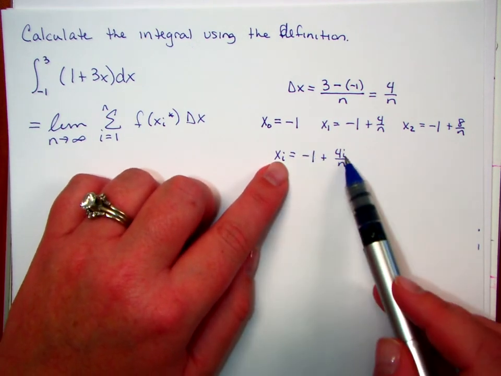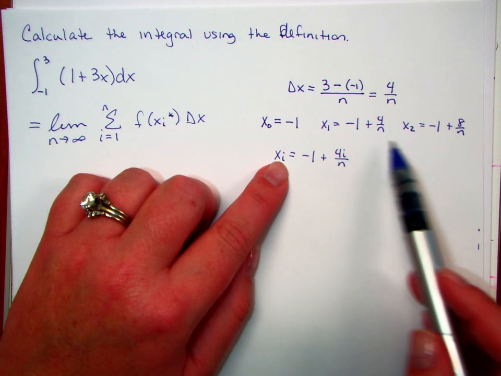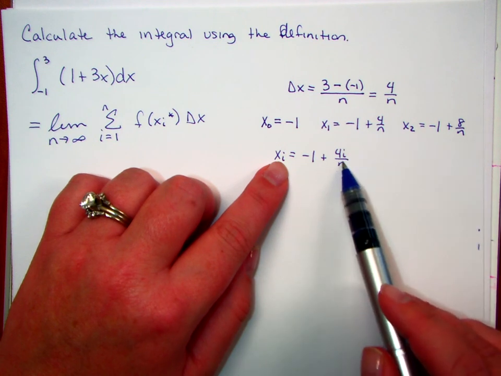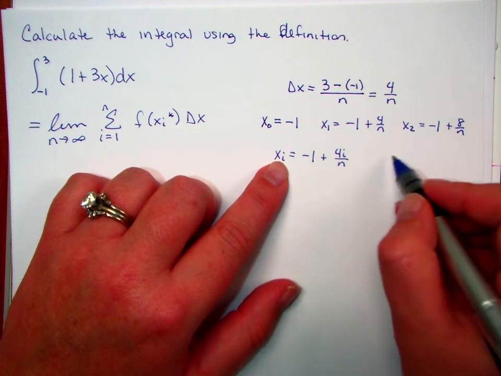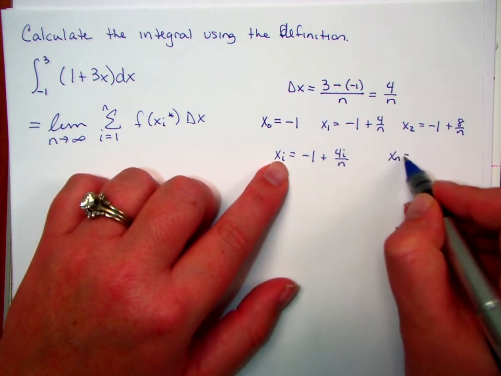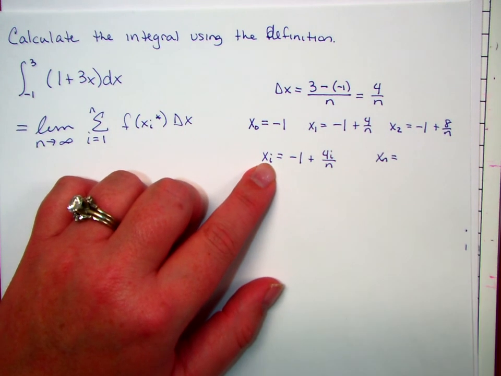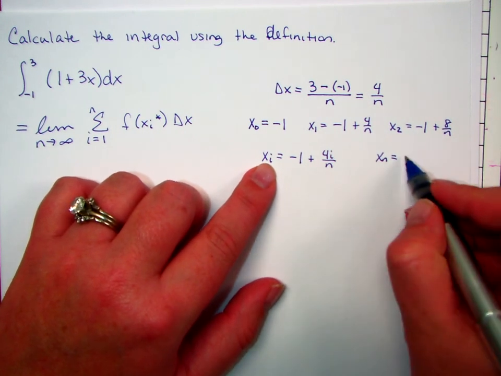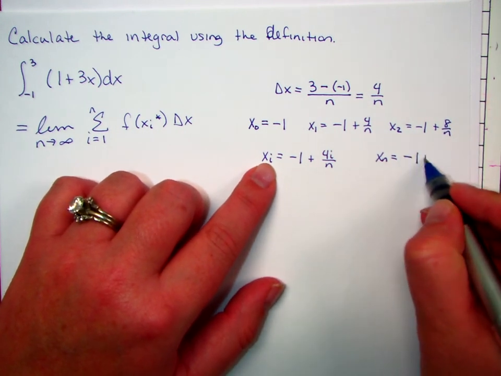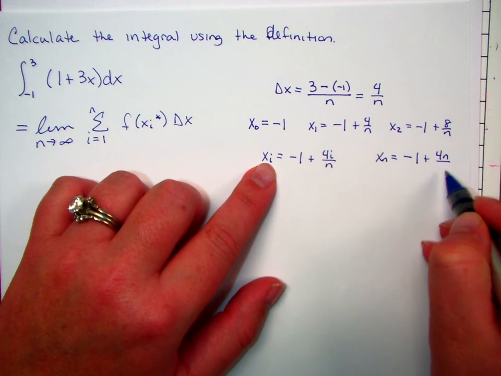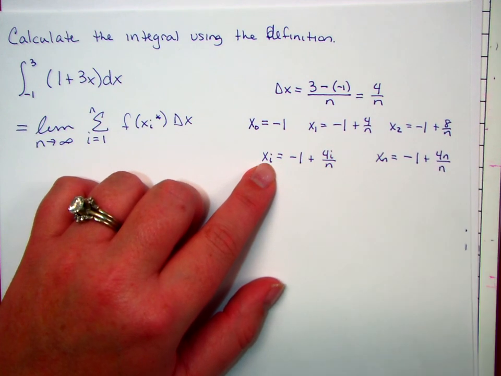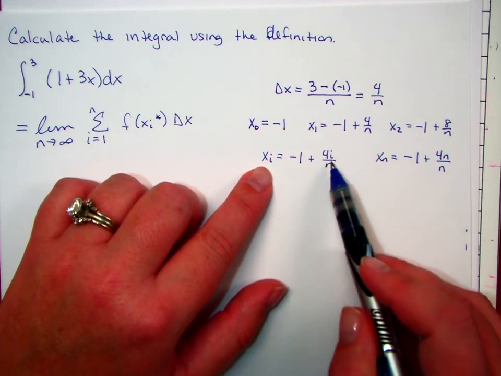If I plug 1 in for I, I'm going to get x sub 1. If I plug 2 in for I, I'm going to get 8 over n, which is x sub 2. Right? So just really quick, let's double check x sub n to make sure we get the upper limit of our integral. So if I plug n into our formula for I, so x sub n, I'm just putting an n there.